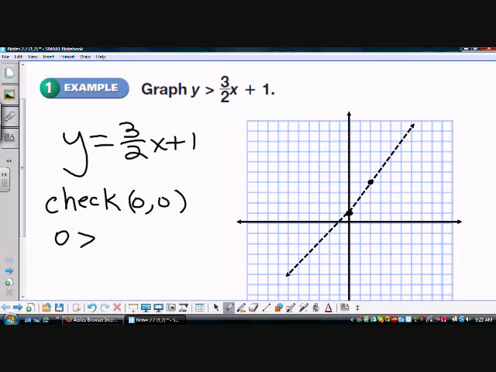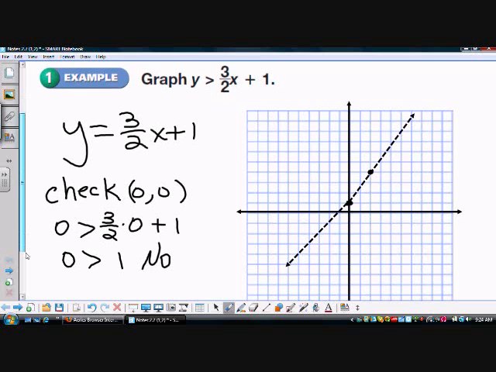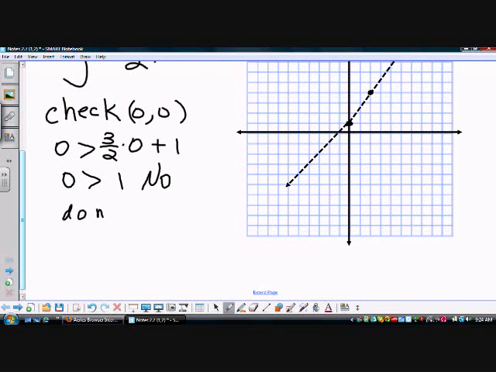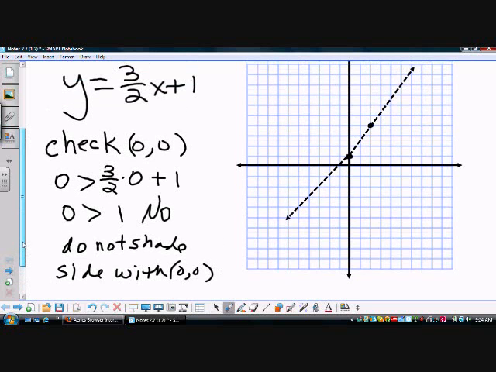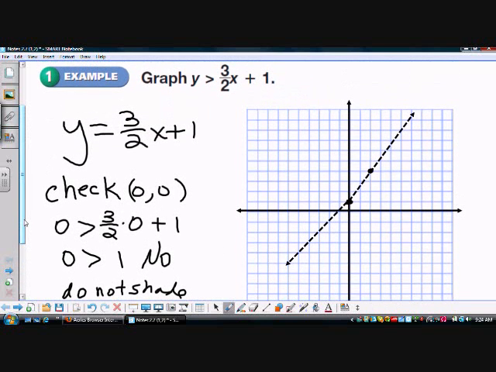So is 0 greater than 3 halves times 0 plus 1? Is 0 greater than 1? No. So we do not shade the side with the origin, which means I'm going to shade above this line.